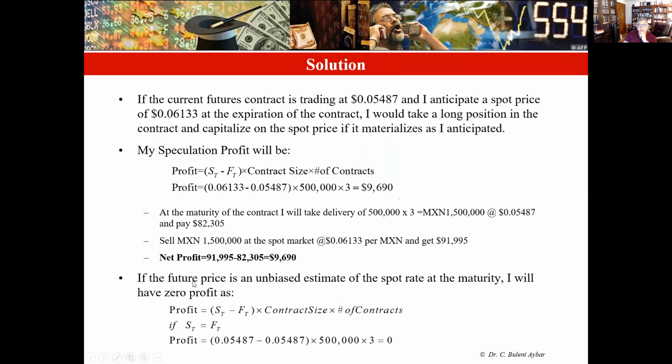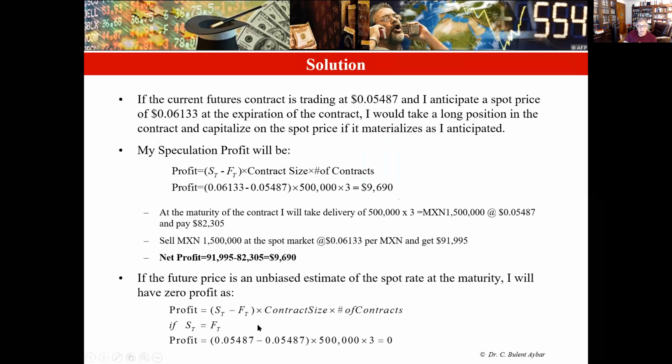If the futures price is an unbiased estimate of the future spot price, that means that the future spot price is going to be exactly the same as the futures price. In that case, I'm not going to be able to make any gains. So I will have zero gain in that particular case.